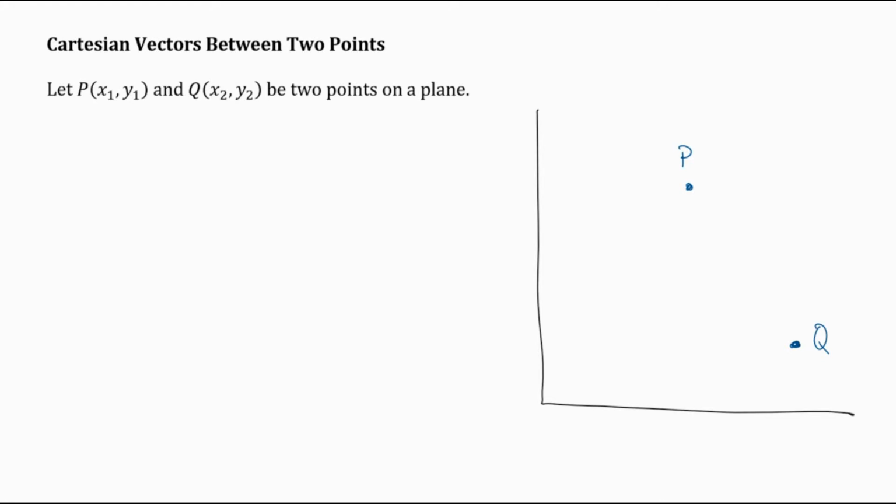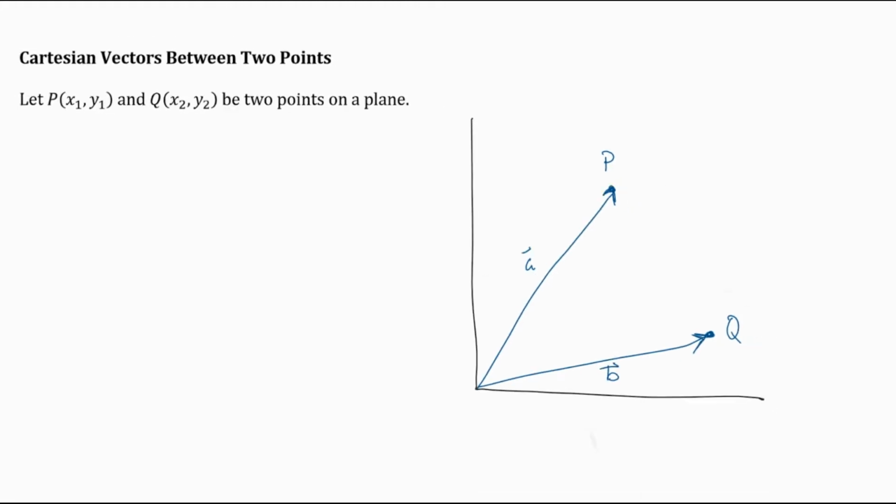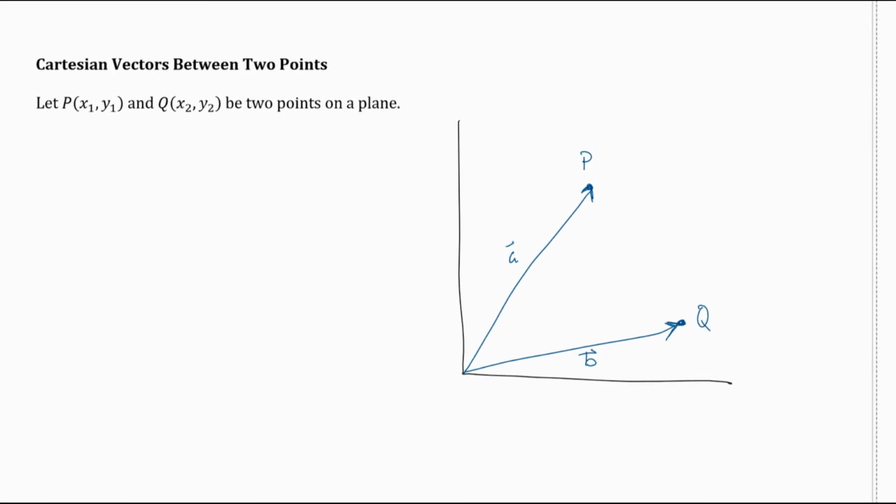So I can draw a vector to P, and I could call it vector A, and I can draw a vector to Q, call that vector B. And so in this case, and we typically define as a standard the origin to be O, point O. So vector A is vector OP, and vector B is vector OQ.